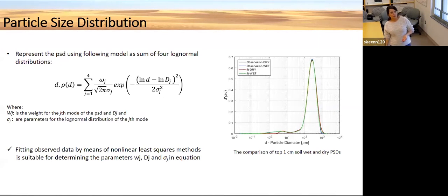I have shown one example of these particle size distributions in this graph. As you can see, the observed data and the model really overlap, showing that the data have been fitted to the model really well, and there isn't a big difference between the dry and wet particle size distribution for the parent soil.